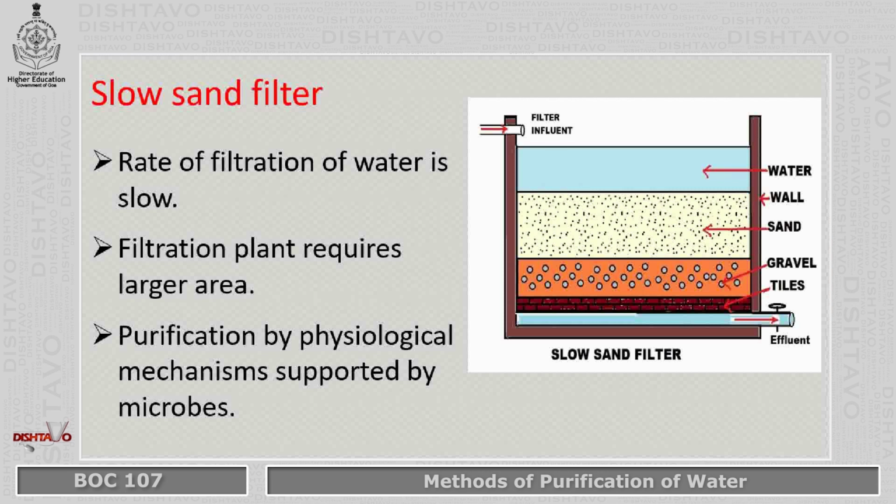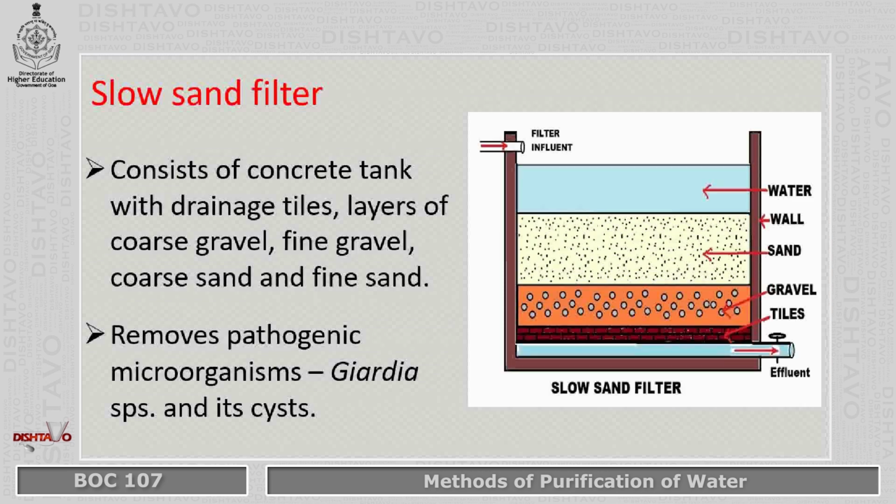The slow sand filter purifies the water by physiological mechanisms which are supported by microbes. The filter beds become more and more effective with the formation of a slimy, gelatinous film which closes up the pores between the sand particles. Microorganisms get entrapped by surface absorption of the sand particles, thus forming this slimy gelatinous film.